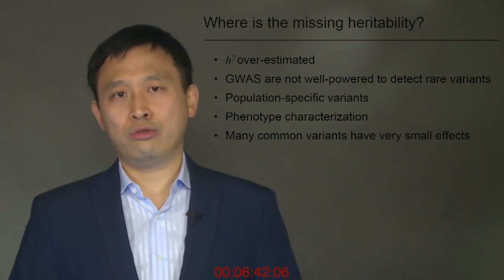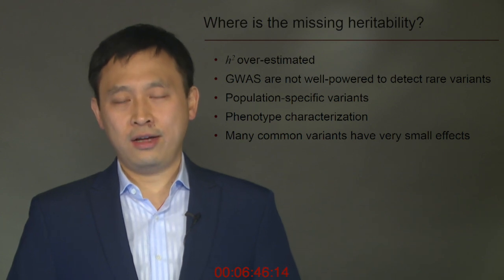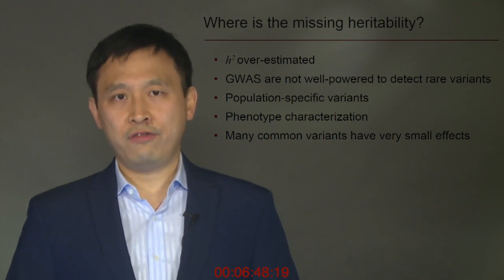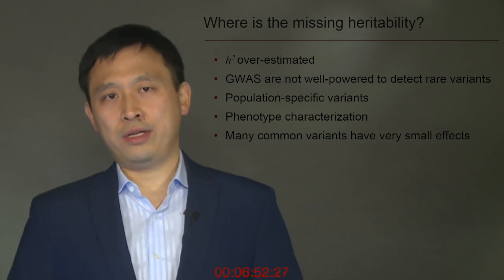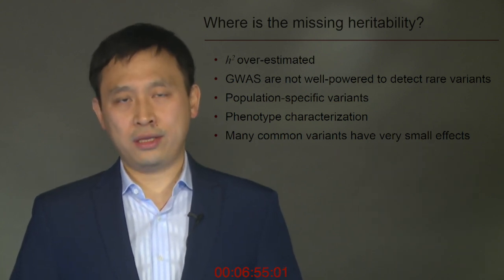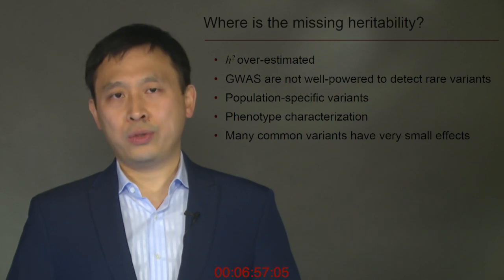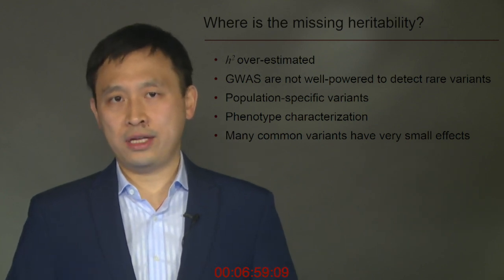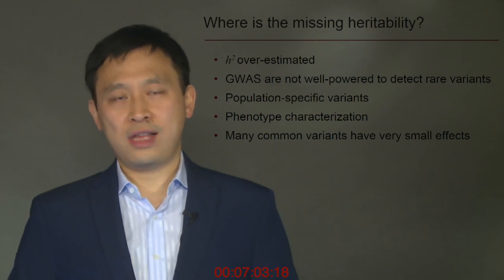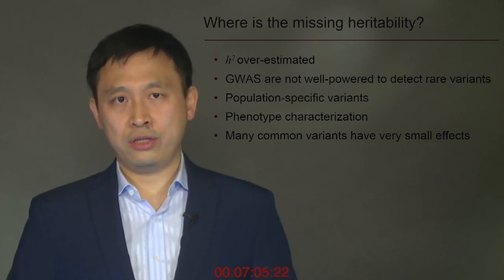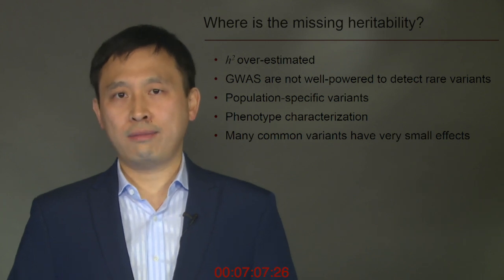And another explanation could be the phenotypic characterization. We know some diseases can be very heterogeneous. If you were only able to ascertain some subtype of the disease, not the other subtypes, you are not able to capture the full set of the genetic variants associated with all the disease subtypes.